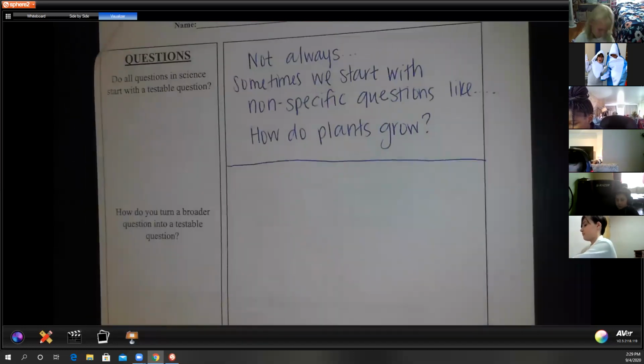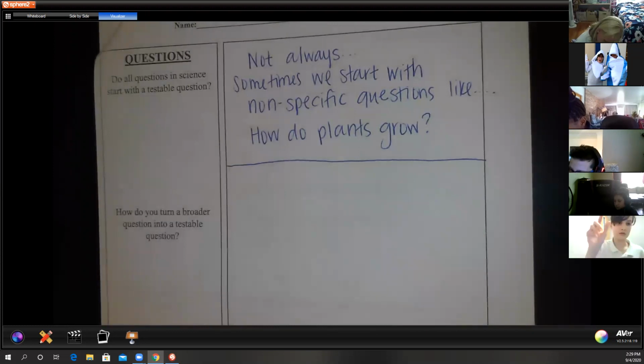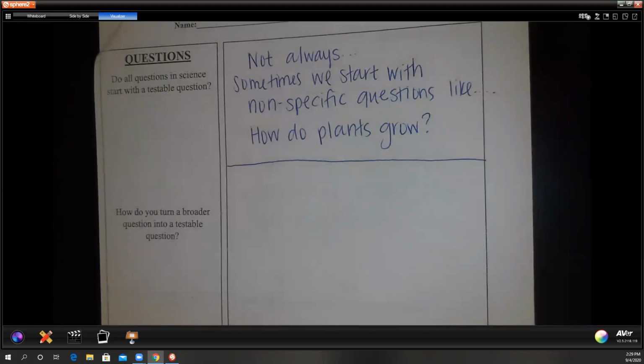How do plants grow? All right, thumbs up when we're ready.